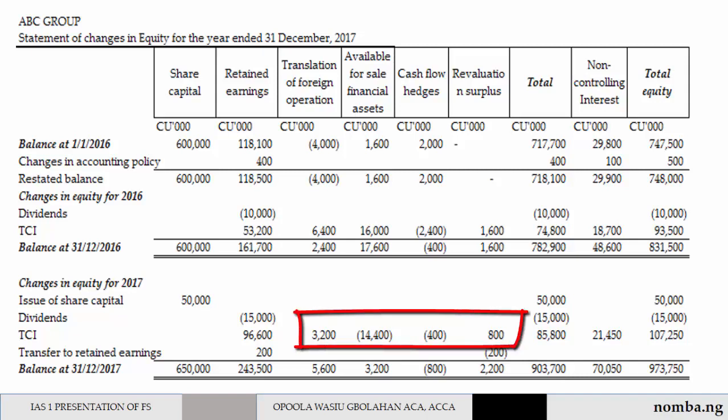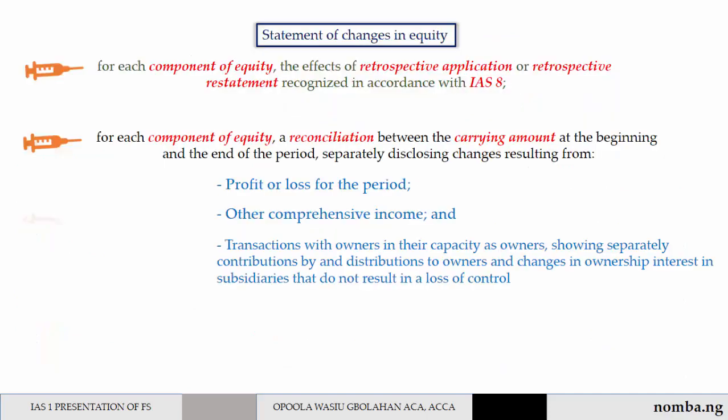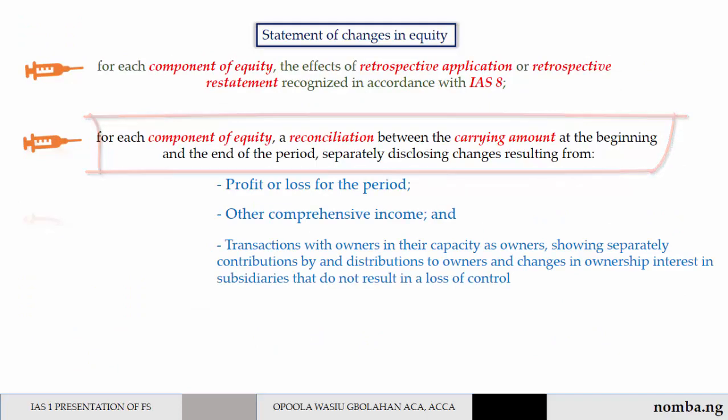While the other part of the total comprehensive income, which is the other comprehensive income, will be classified among these items of other comprehensive income. That is why they said, for each component of equity, a reconciliation between the carrying amount at the beginning.